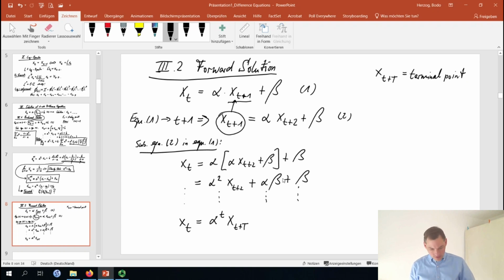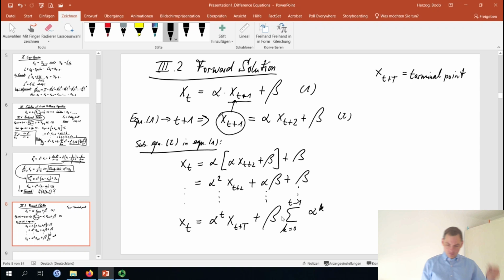And then, of course, you see here that gives me again an infinite sum where I can factor out the beta term, and that is then the sum from k=0 of alpha^k to T minus 1. It's the same idea as we discussed in the backward solution.